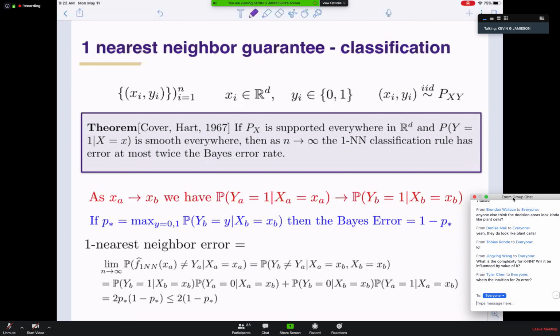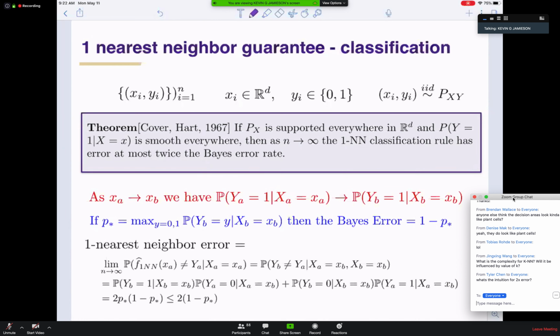And because it's a data point right next to you, if I use that to classify myself, then that's basically an unbiased estimate of the true error. Then you're just talking about the probability of that bit flip happening, and it's exactly the Bayes error rate at that point. And so that's where the proof comes from.